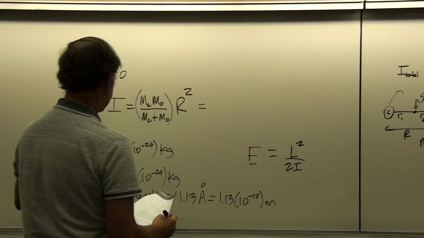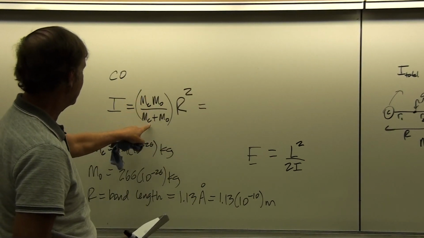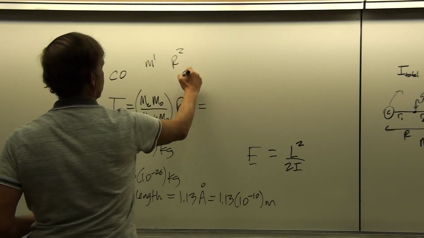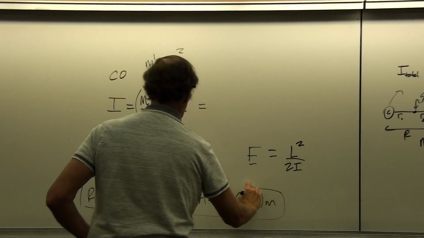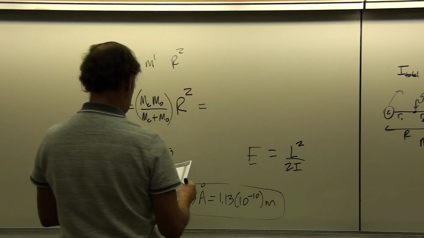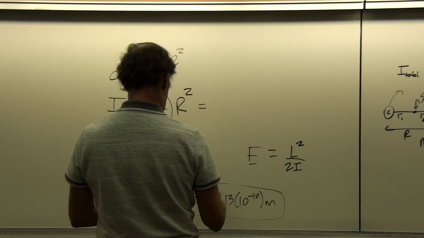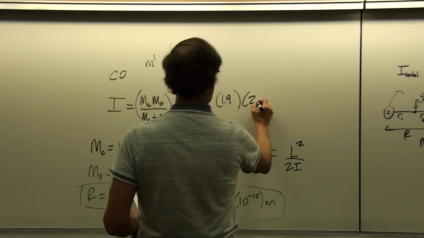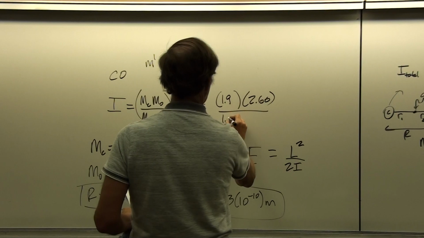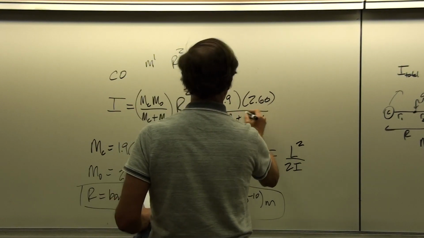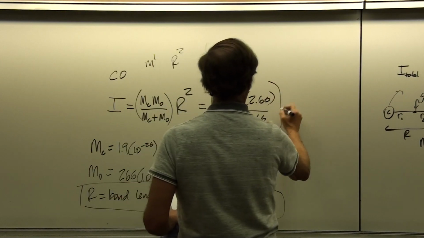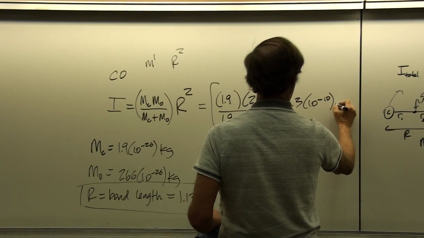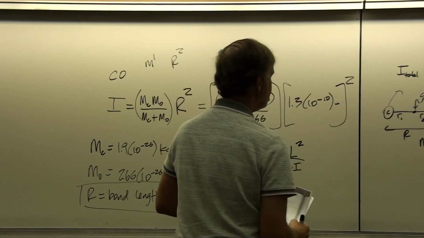So here, the 10 to the minus 26's cancel out in our reduced mass expression. Remember, this is just M prime times R squared, where R is our bond length. And so that's going to be just 1.9 times 2.66 divided by 1.9 plus 2.66, all multiplied by 1.3 times 10 to the minus 10 meters, quantity squared.